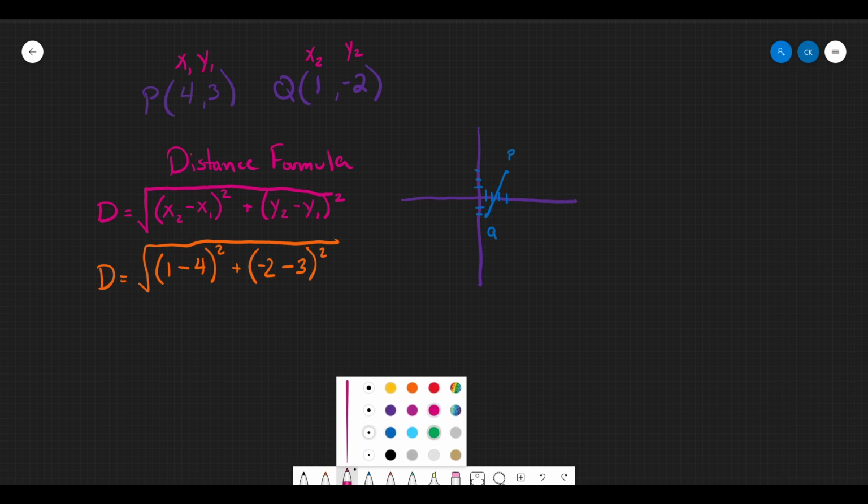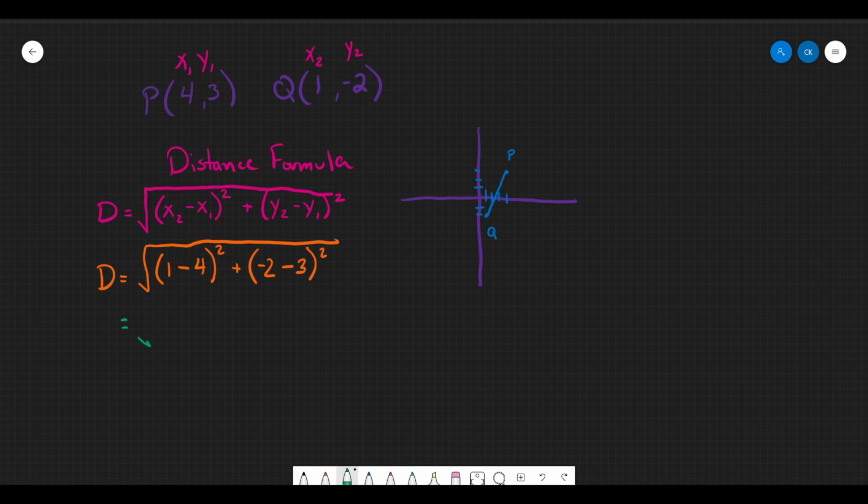Well, now all I have to do is take whatever's inside and do PEMDAS. So PEMDAS tells me to do inside parentheses first. So 1 minus 4 will give me negative 3 squared. Negative 2 minus 3 is going to give me negative 5 squared. Then I raise it to the power.